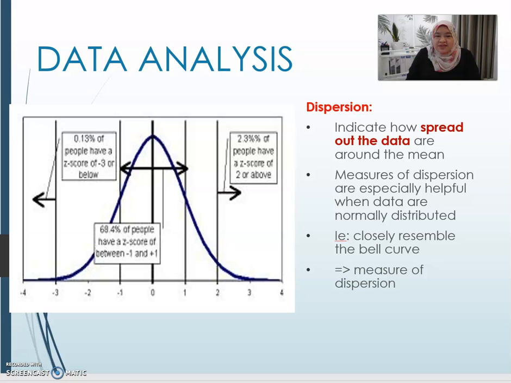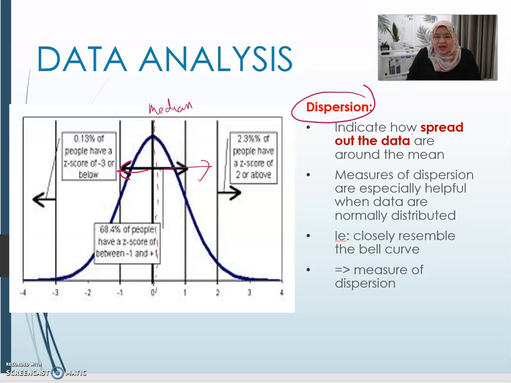Because it resembles the bell symbol. So dispersion indicates how spread out the data is around the median. So we know in the middle here is the median. Dispersion is looking at how spread out the data is. This is what we call the spread from the median.